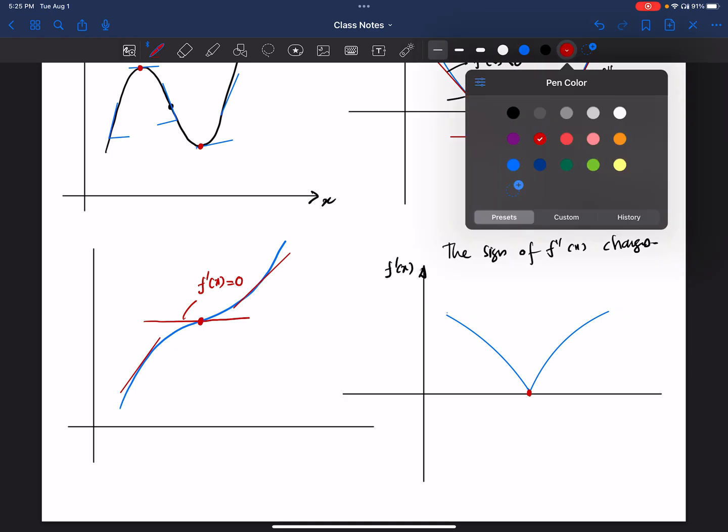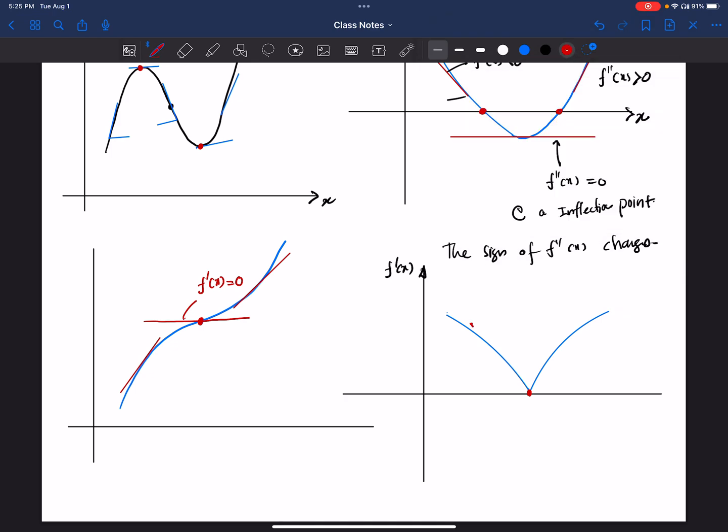And what happened to f double prime of x? Here f double prime of x is less than 0, and here f double prime of x is greater than 0. The sign of f double prime of x changes. But what happened to f double prime of x at this point?